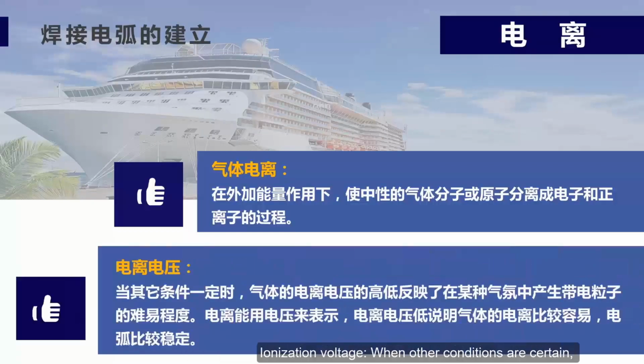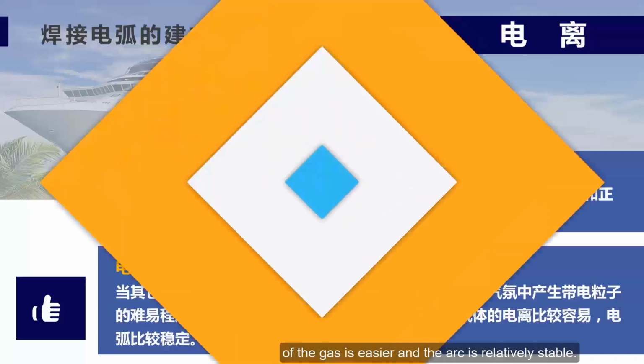Ionization voltage. When other conditions are certain, the ionization voltage of a gas reflects the difficulty of generating charged particles in a certain atmosphere. The ionization energy is expressed by voltage. A low ionization voltage means that the ionization of the gas is easier and the arc is relatively stable.